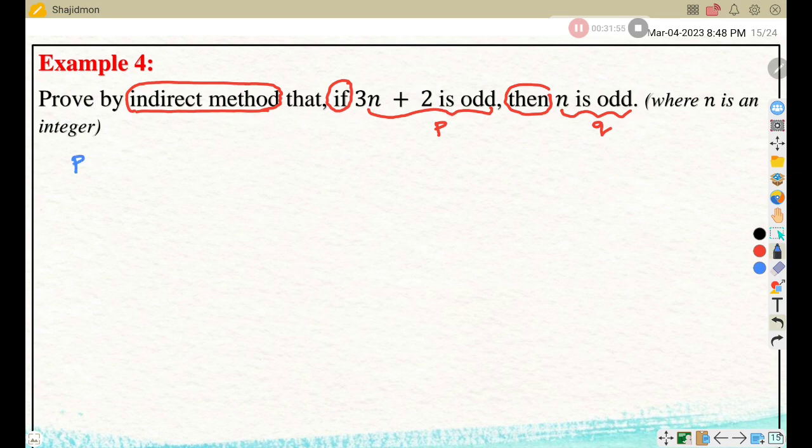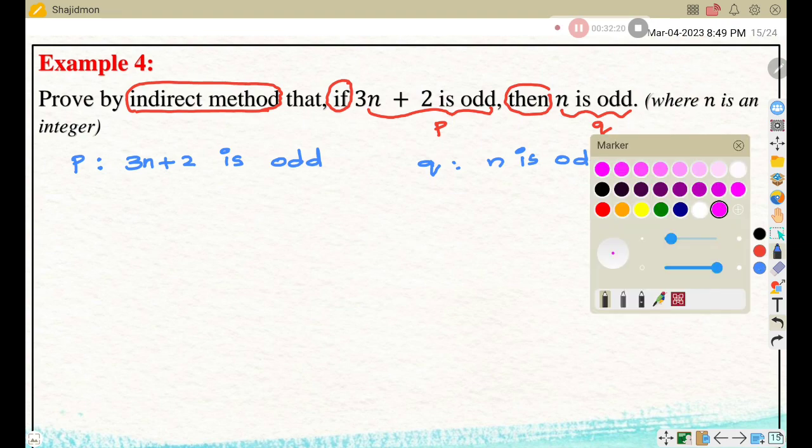What is the p we are writing first? What is the q? P means 3n plus 2 is odd, correct? Q means n is odd. Now, as I told you in the last question, first write the negated statements before starting the question.